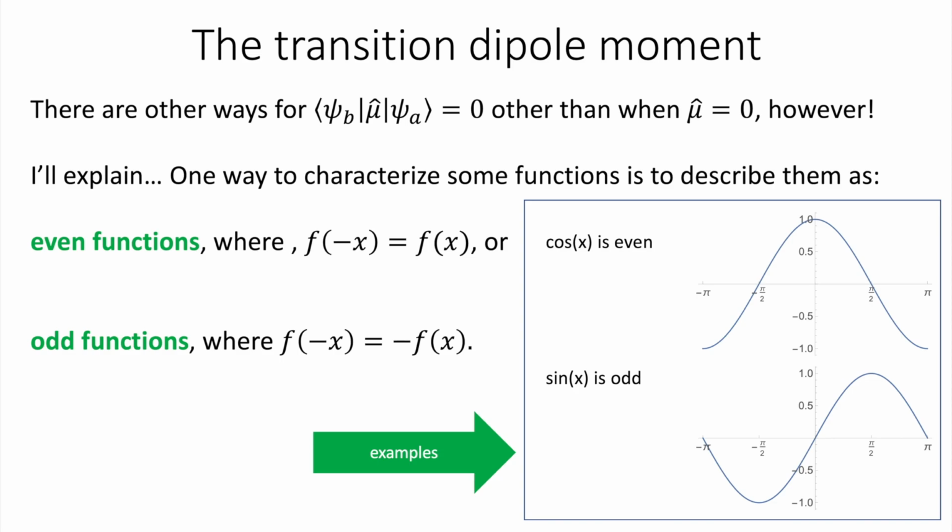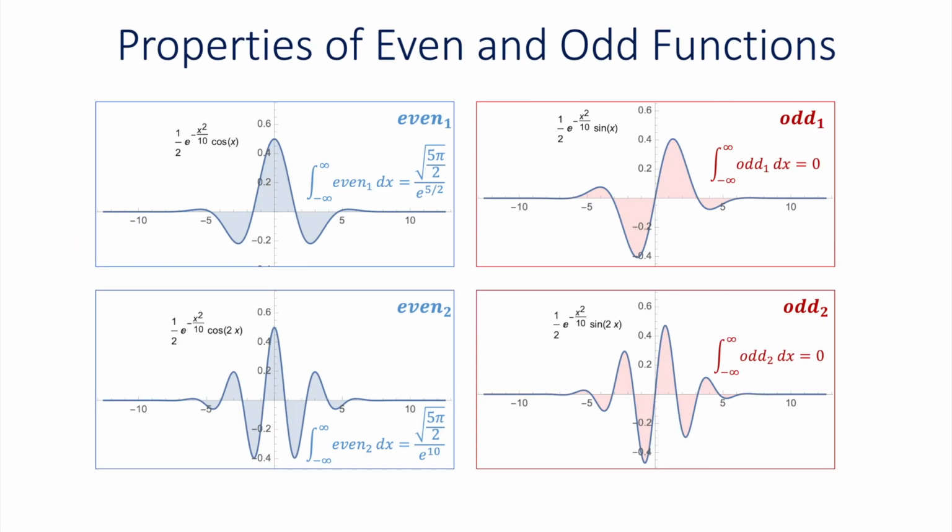On the other hand, looking at the sine function, if I take f of negative pi over 2 versus f of pi over 2, it's going to return the same magnitude, but the sign is going to be opposite. On the left side we're at -1, on the right side we're at +1. So if you want to make them equivalent, you just have to say that f of negative x equals negative f of x.